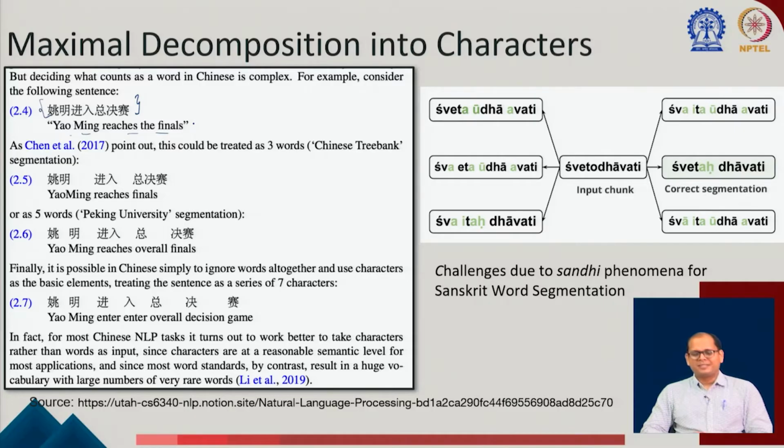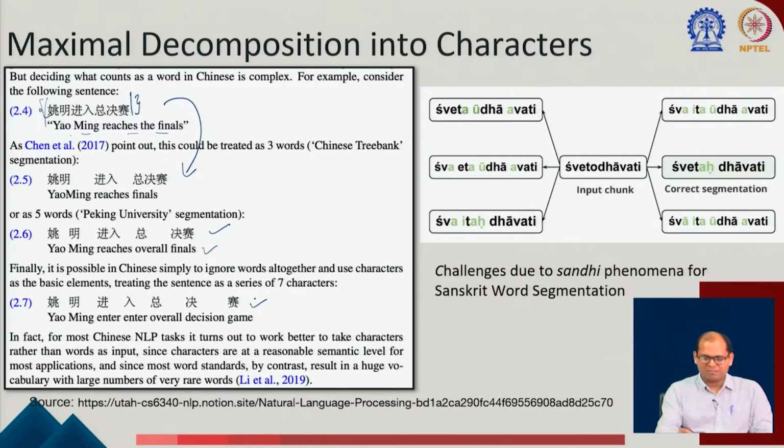Now the same surface form you can treat as 3 different words in Chinese, which means this, or as 5 words, which means something else, something related but different, or just 7 characters. So this is again a problem: in Chinese I cannot use white space tokenization.